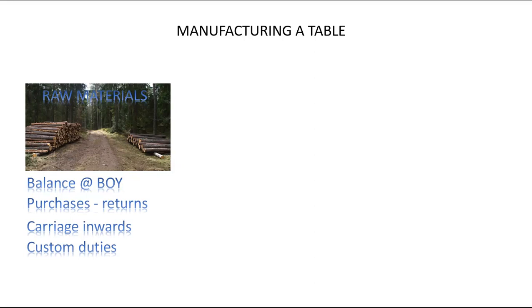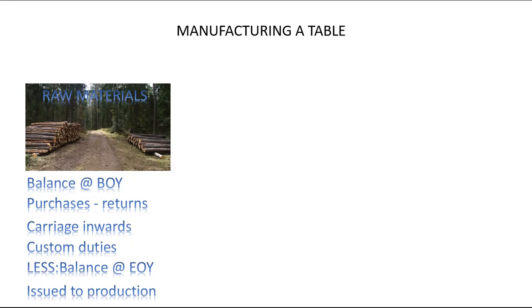Then you will subtract raw materials that were not issued, that are still in the warehouse and are not in the manufacturing process. You will be left with raw materials issued to production.